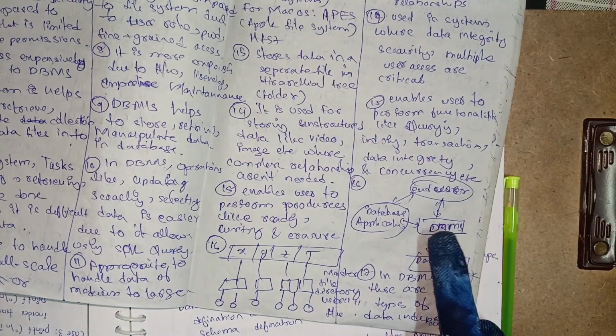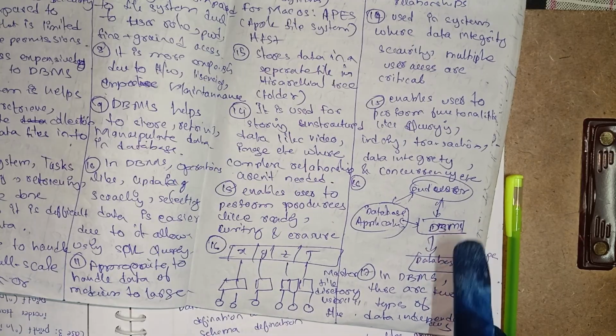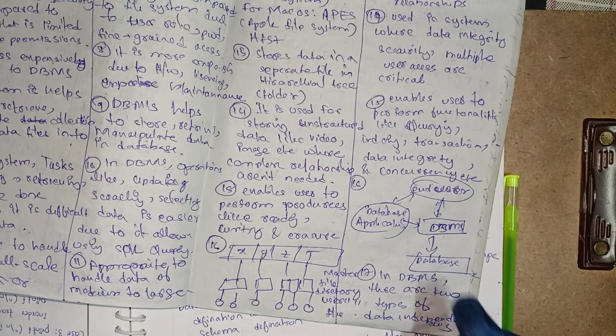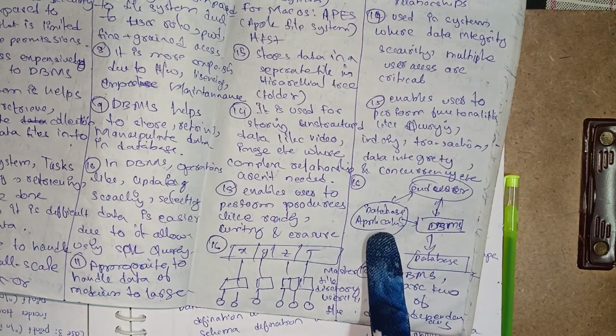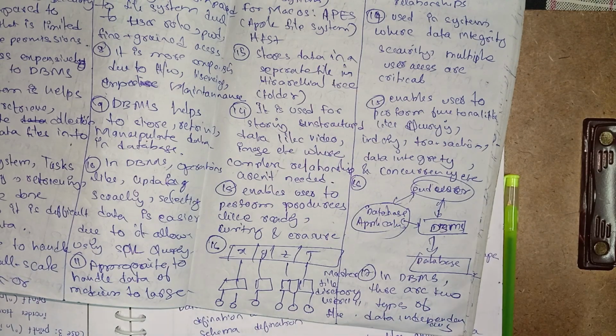It is software to manipulate the database, and the database contains an organized collection of related data, and the database application is used by the user to send requests to the DBMS.